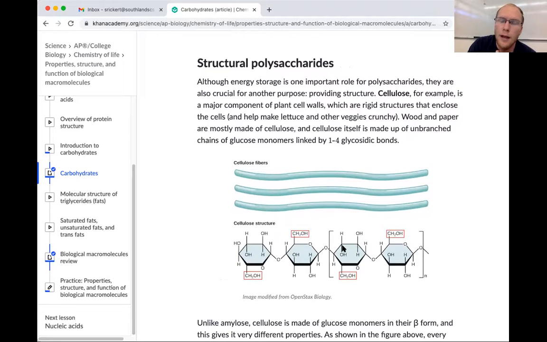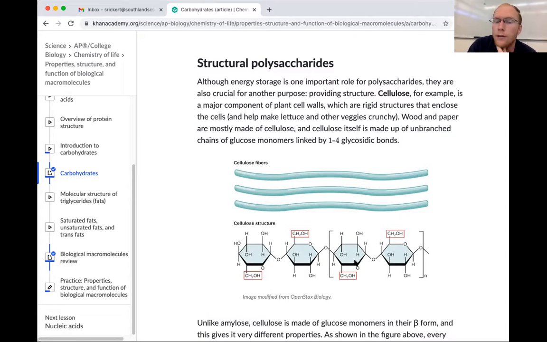But again, this is the type of glucose that's actually not so useful for humans. So humans, when we eat cellulose or have cellulose in our food, it just is used as fiber, which is good nutrition, which is good for your intestines because it helps clean them out, but you don't actually get nutritional value out of it.